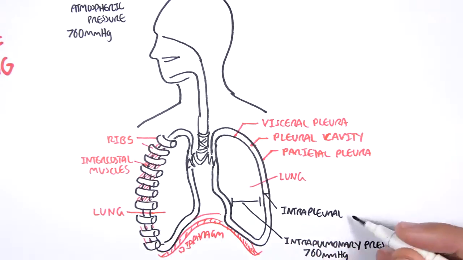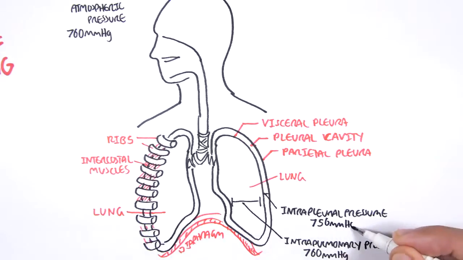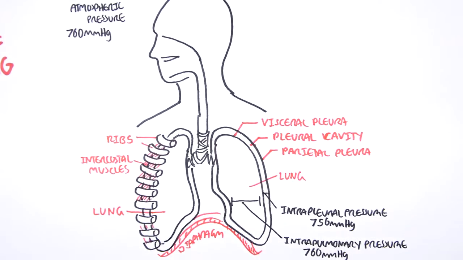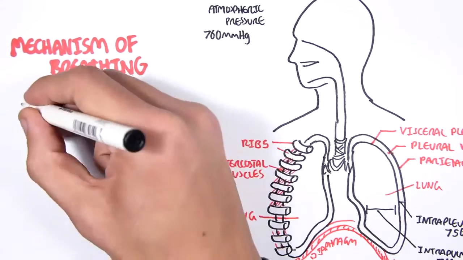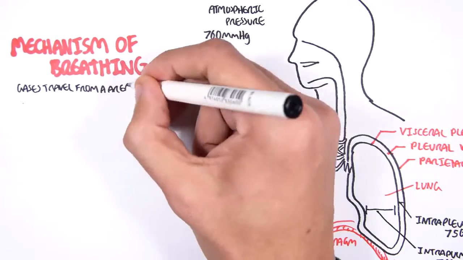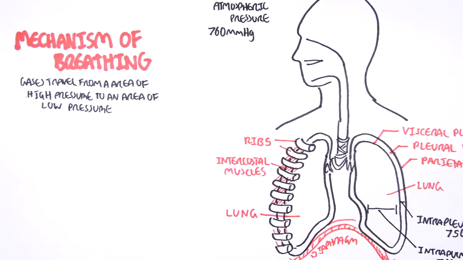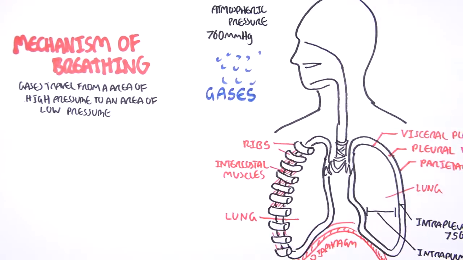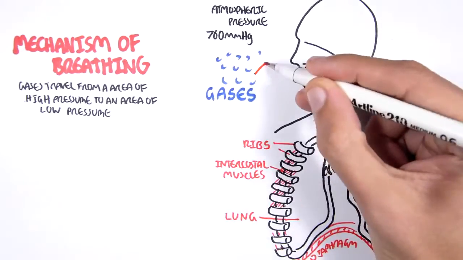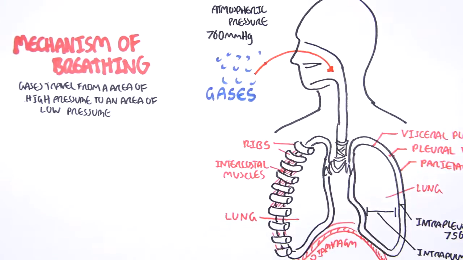Now, to make this video really simple, we will focus only on the atmospheric pressure and the intrapulmonary pressure, which will try to balance out. And remember the rule that gases, air, travel from an area of higher pressure to an area of lower pressure. So the air outside, for example, will only travel into the lungs when the intrapulmonary pressure drops.